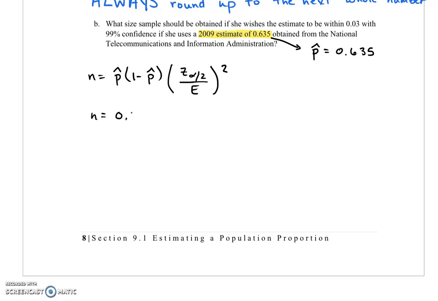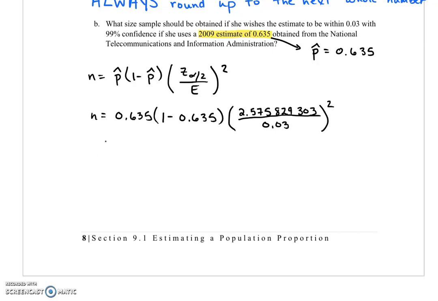So that is 0.635 times, in parentheses, 1 minus 0.635. Oh, sadly, our z sub alpha over 2, that critical value, is still that big long number, 2.575829303, divided by the error, which is still 0.03, and we have to square that.